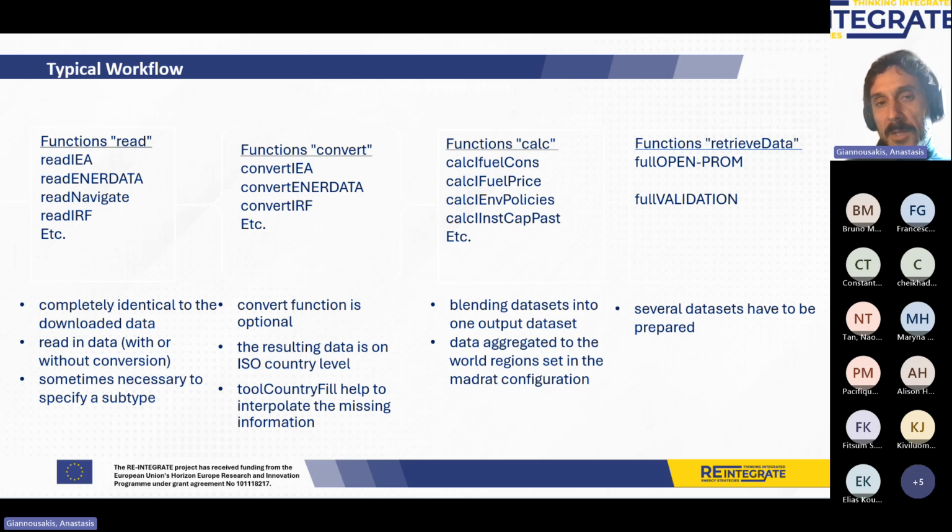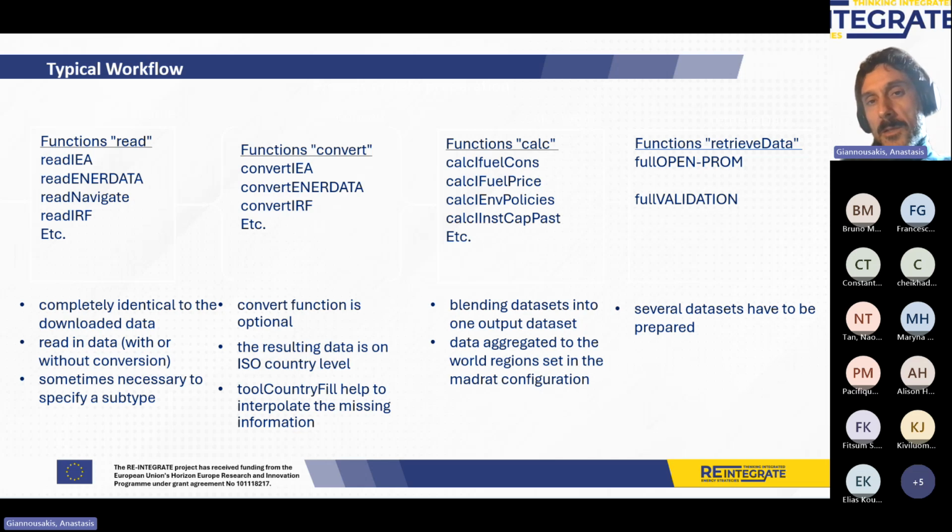Then comes an intermediate step, a convert step, which comes between the read step and the calc step. It is optional, but it's also very useful, and I will explain why. It's because a converted data set, so after reading it, will have to follow some standards.